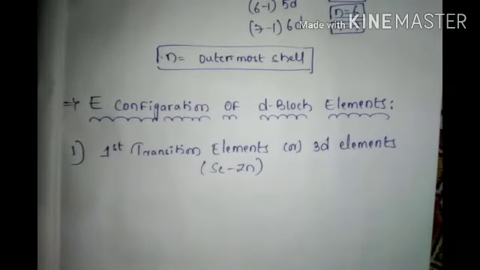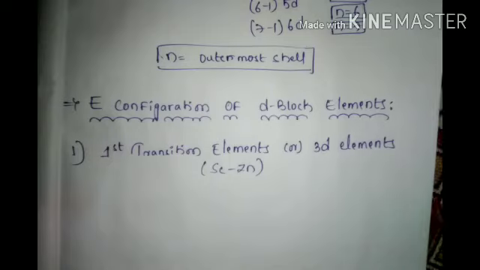First transition elements are the 3d elements, the Sc to Zn series. These are the names for first transition elements. Like that, first transition elements, second, third, fourth, the 4d, 5d, 6d series, like this names will come.